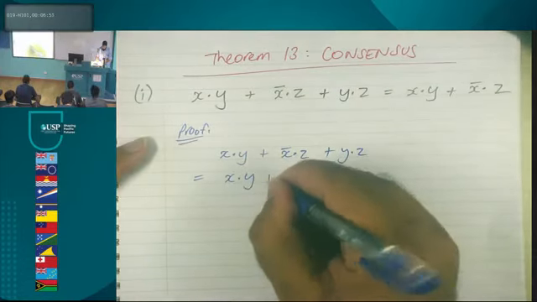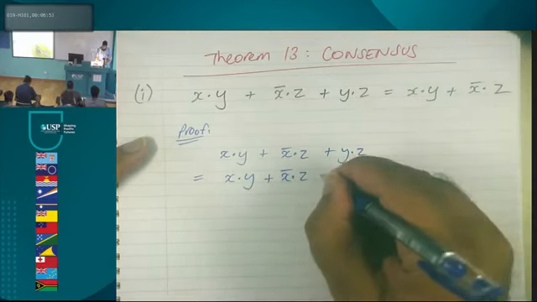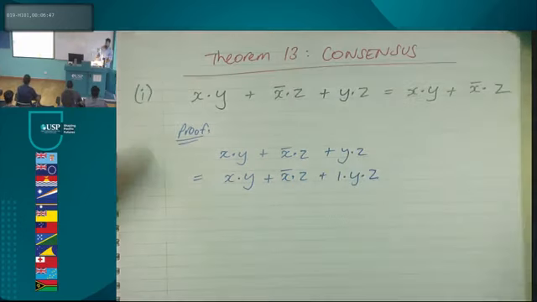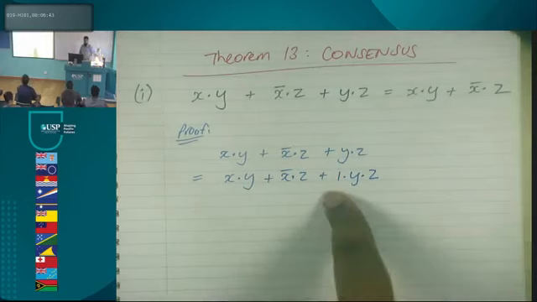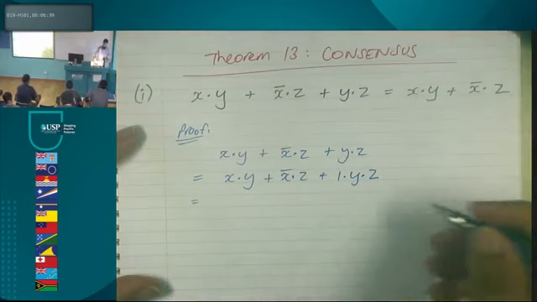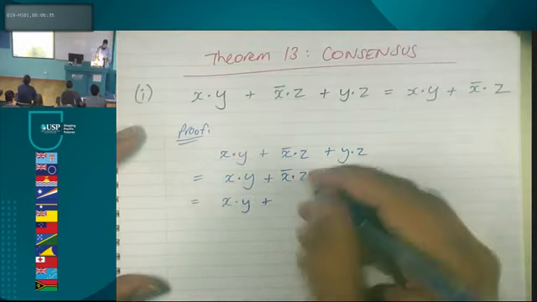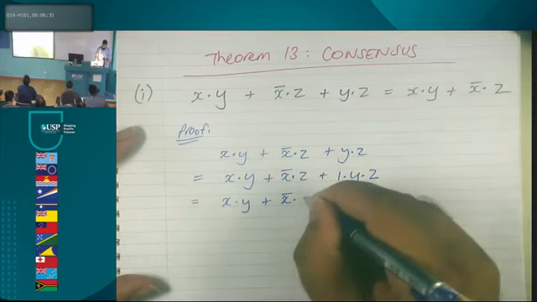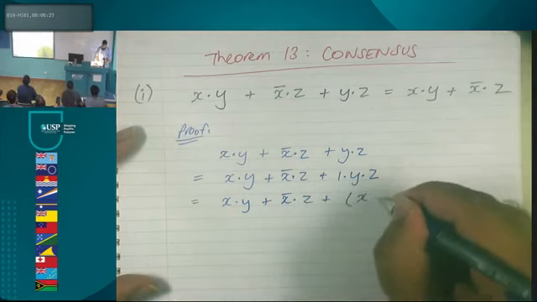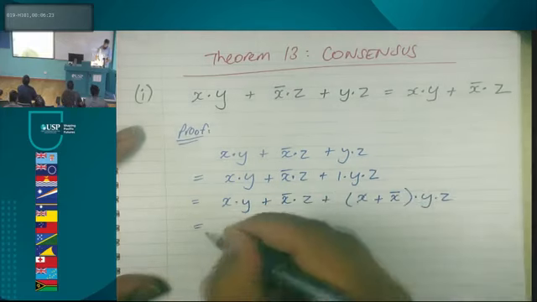x and y, x and z. Now have a look at this, guys. Very same as saying 1 and yz. Yeah, we've introduced a 1 there. Doesn't change anything. Okay. Now what can we say about 1? 1 is the same as x or x bar, yz.